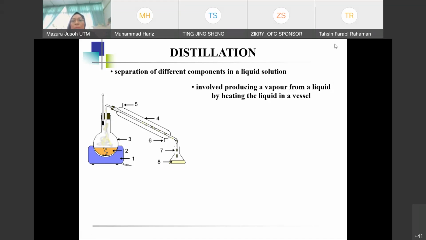So it will be possible for the components in the mixture to be separated from each other. If A has a lower boiling point compared to B, you will be able to purify A at the top of the column. That is the concept of distillation or separation using a distillation column.